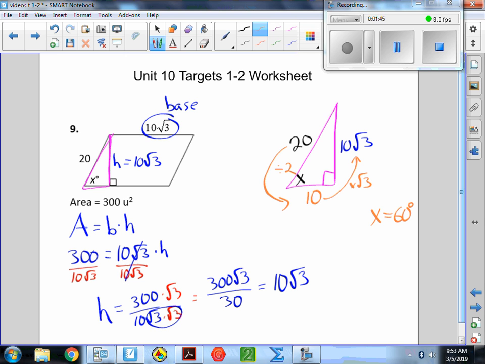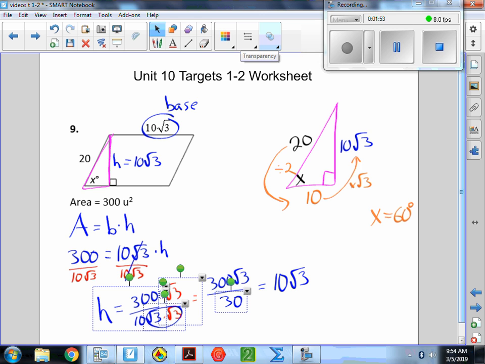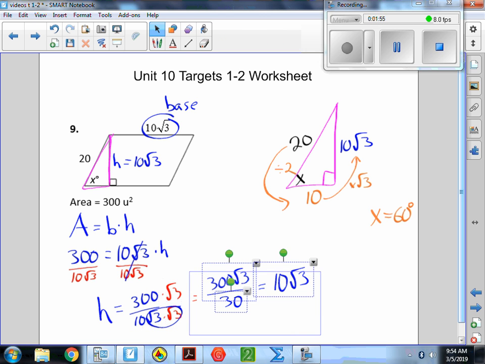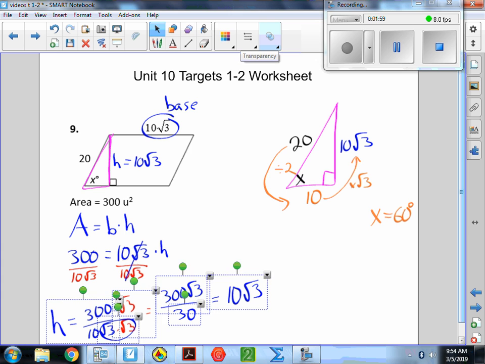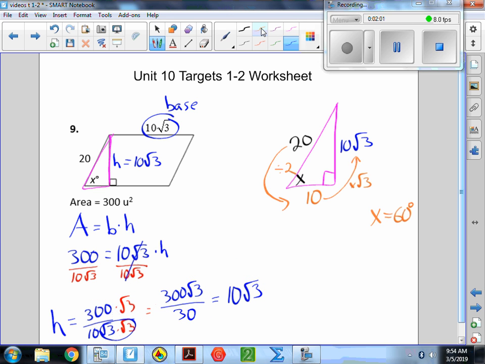If you don't recognize that, or if you have numbers that you can't use your special triangles for, then you could use some regular trigonometry, SOHCAHTOA. If I didn't have that, I could also set up a ratio, not the tangent, but the sine of x is equal to the opposite, which is 10 root 3, over the hypotenuse, which is 20.